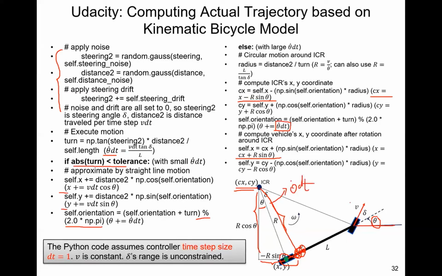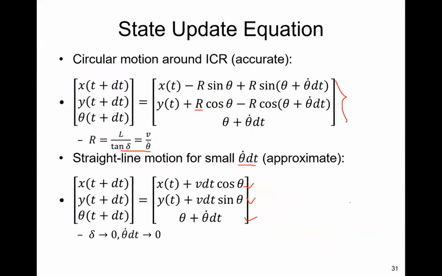That's how you get the updated equation here. So you first perform a subtraction to get the coordinate of the ICR, and then you perform a rotation with a small angle here. It doesn't have to be small, it can be large because this equation is accurate. And then you perform a reverse transformation to get the XY coordinates.